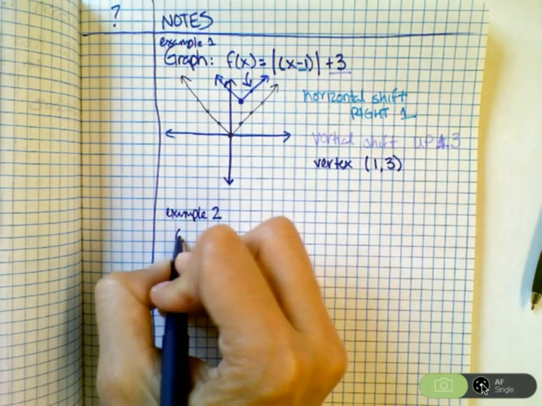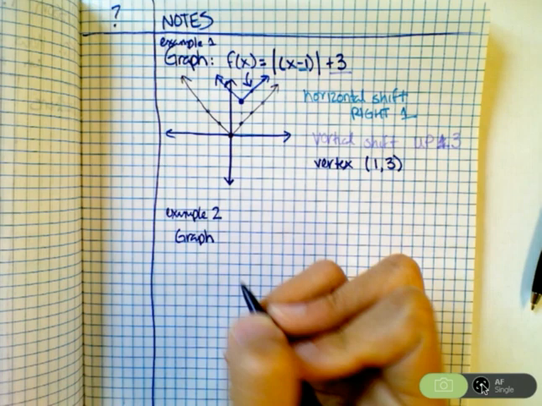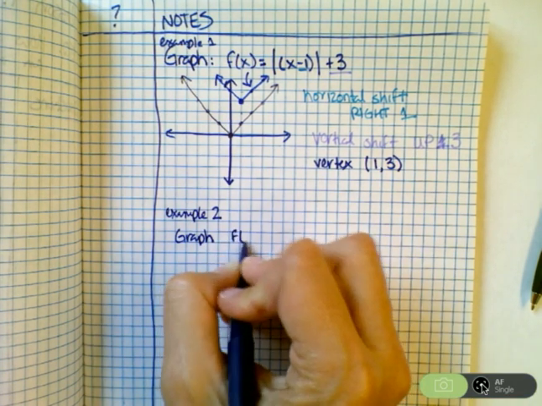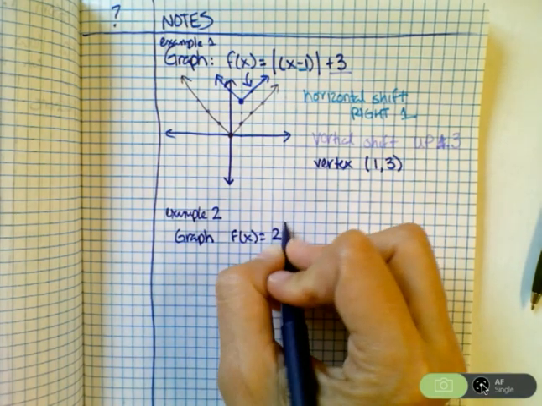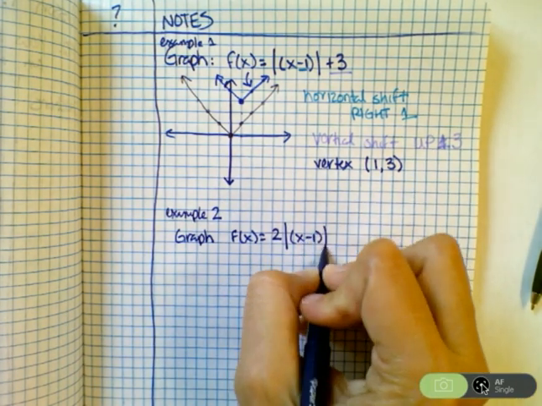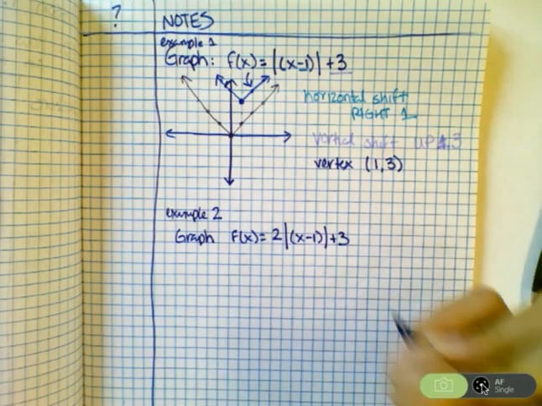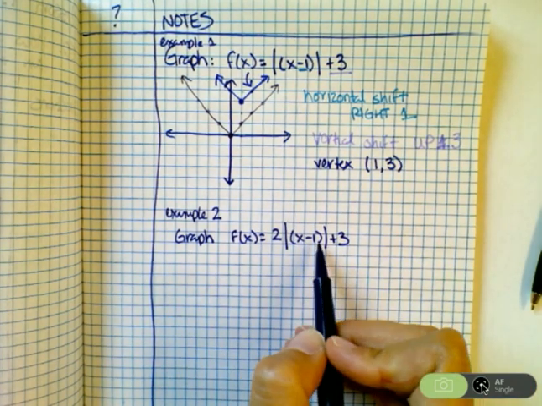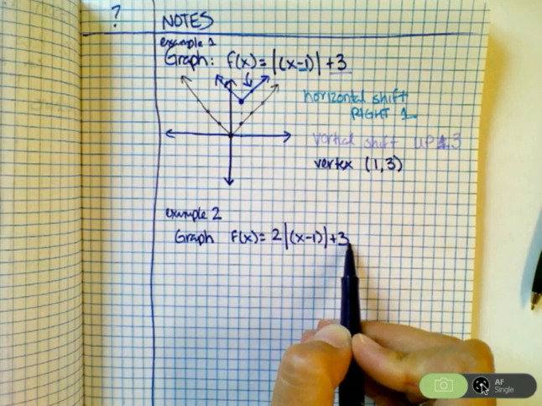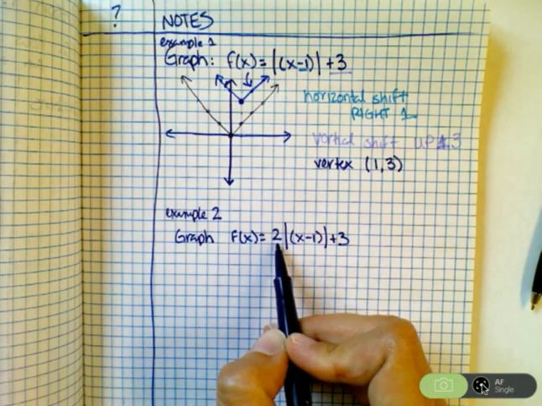We're going to graph again. This time we are going to graph f of x equals 2 times the absolute value of x minus 1, plus 3. Well, that one's going to have the same shifts we did before, right 1, up 3. The difference now is this 2 in front.